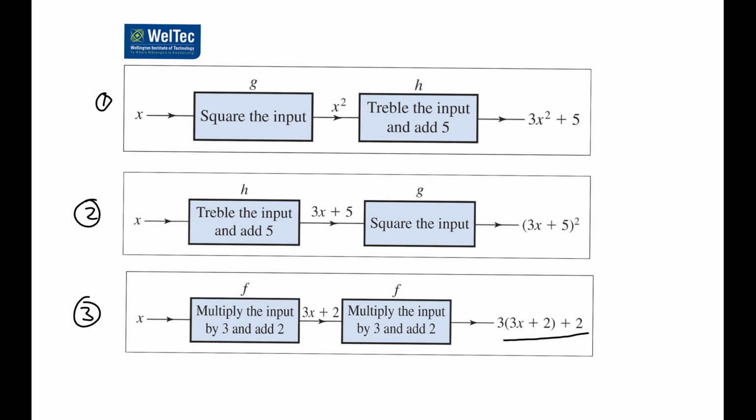But looking at it like that, you can actually see what happens. This is the first bit of f in here, and then you do it again. So you get multiplied by 3 and adding 2. Sometimes it's useful to do this translation from the maths, say 3x plus 5, into treble the input and add 5.